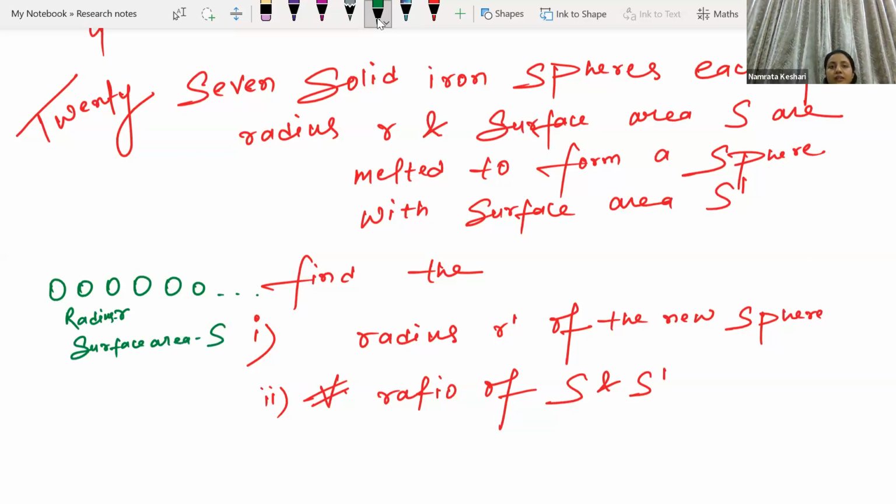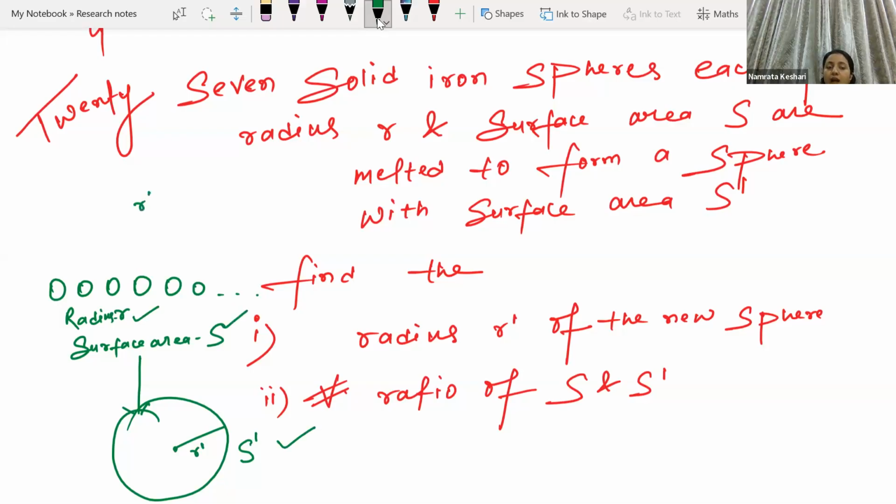Now we are melting all the 27 and converting them into one big sphere. This time we don't know the radius, but we know the surface area is s dash. We have to find the new radius r dash in terms of maybe r, maybe s dash.